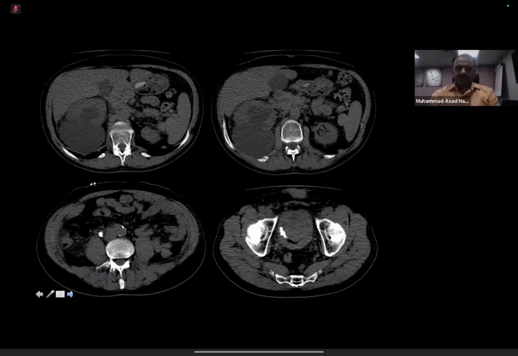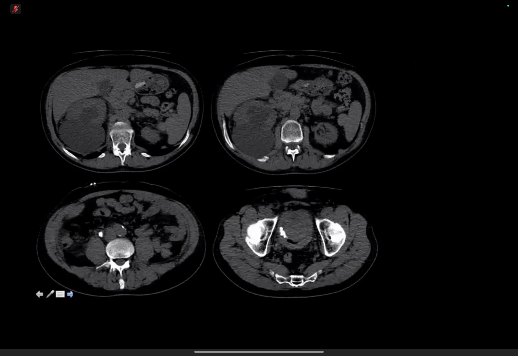Good. So in a nutshell, how would you summarize your case to the examiner? In a nutshell, I cannot see any free fluid in the abdomen and pelvis, but I've got a right pelvicalyceal dilatation secondary to a distal right ureteric stone.